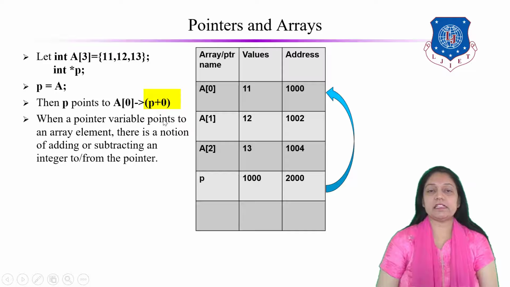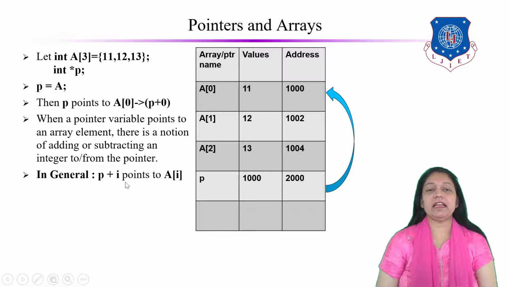We can add or subtract an integer value from a pointer. So in general, we can say that if I write P plus I, it means the pointer points to A of I. As we said, if I is equal to 0, that is P plus 0, the pointer is pointing to A of 0. If I say P plus 1, the pointer is pointing to A of 1, and so on for the rest of the elements of the array.